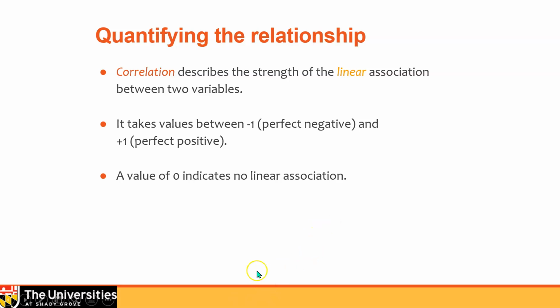So when we want to measure that strength, we use the correlation. That's describing the strength of the linear association, and that's highlighted already with color, but I'm going to circle that. Correlations only measure linear relationships. There are values in between -1 and 1. -1 is a perfect negative correlation. +1 is a perfect positive correlation. And in between, there's no linear association at all.